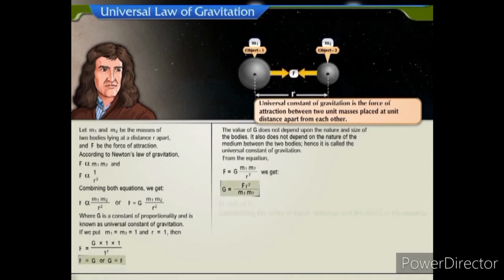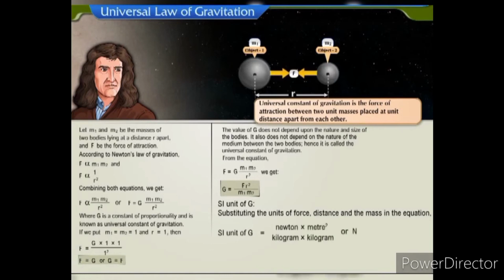Now let us see the SI unit of G. Substituting the units of force, distance and mass in the equation, we get the SI unit of G is equal to Newton meter square per kilogram square, or Newton meter square kilogram raised to minus 2.